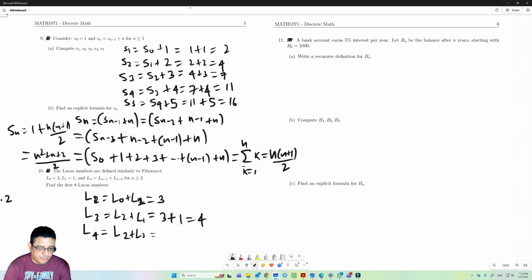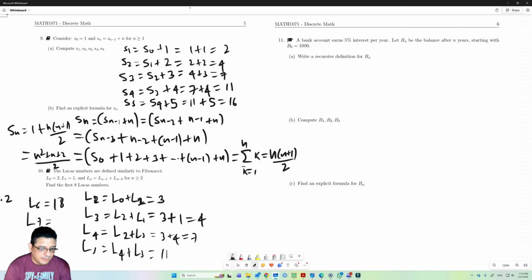And so it's 3 plus 4 is 7. Now L5 is L4 plus L3. So now we have that 7 plus 4 is 11. And we want L6. L6 is going to be 18, the sum of these two.